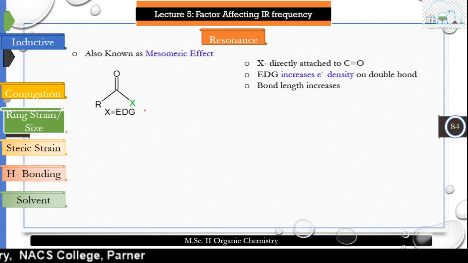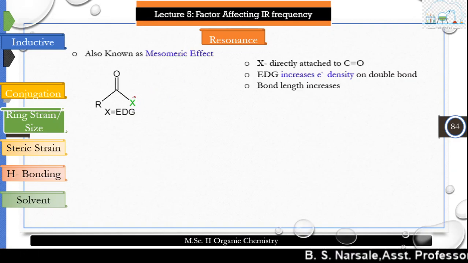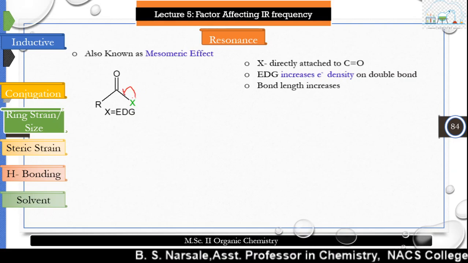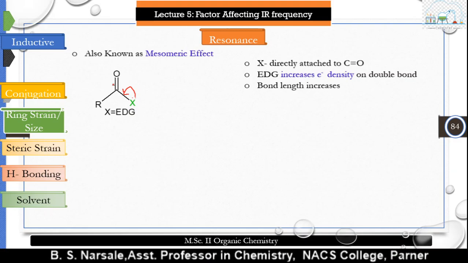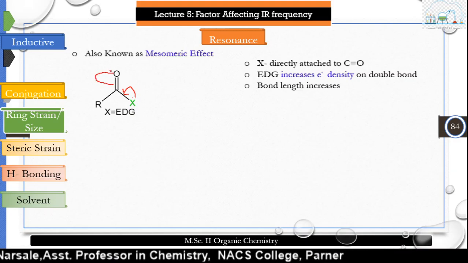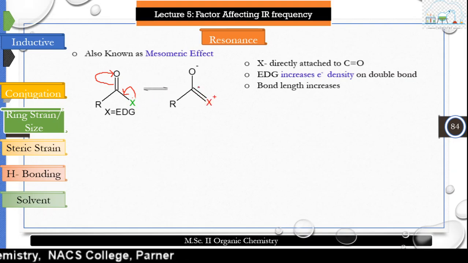This electron donating group is going to donate its electron density, and as it donates its electron density to the carbonyl group, the electron density on the carbonyl group is going to increase, and due to that the bond length increases as the hybridization of the bond changes.